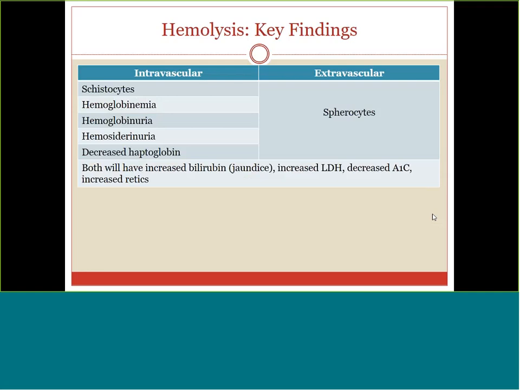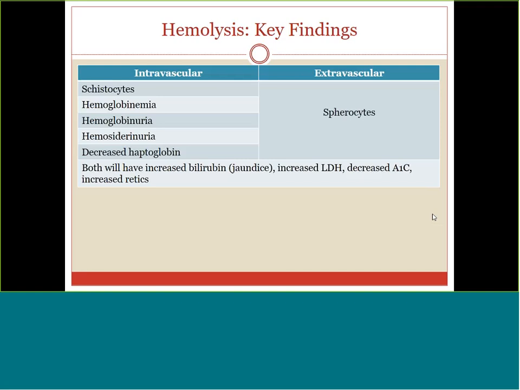So key findings, in intravascular you get schistocytes, which are those fragmented red cells. You will see hemoglobinemia, which means free-floating hemoglobin in the blood. Well, that makes sense. If your red cells are getting destroyed inside the blood and breaking open, they're going to release that hemoglobin, and we're going to see hemoglobin molecules floating freely in there called hemoglobinemia.